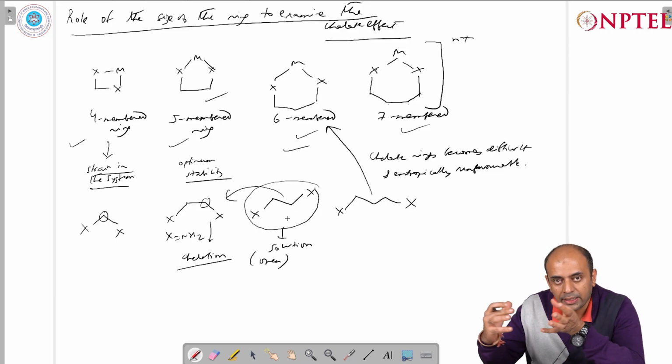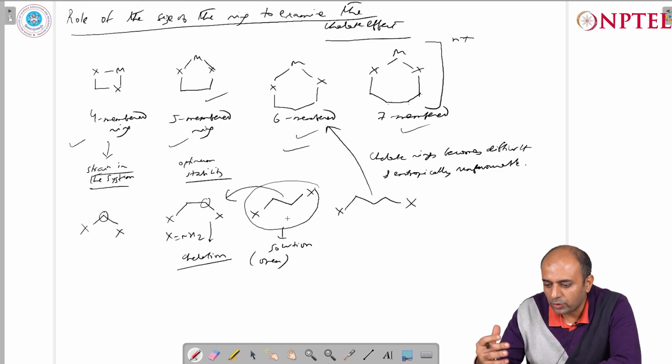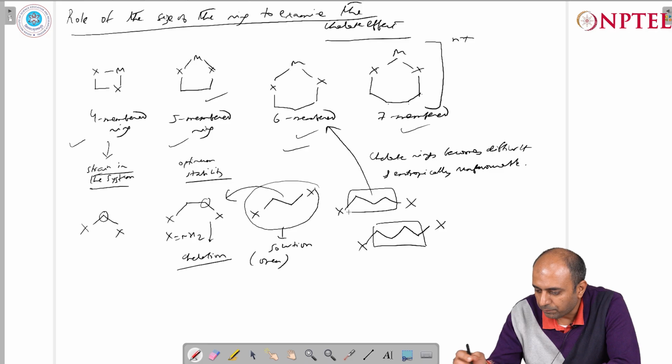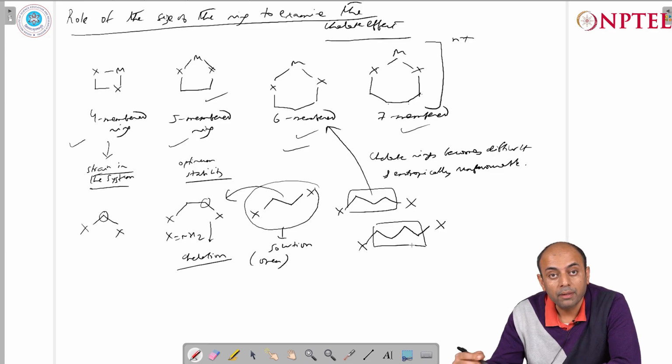So larger is the size of the ligand, that means when you are going to the 6-membered or the 7-membered rings, where the number of carbon atoms increases, here the number of carbon atoms is 4, here it is 3, then you will have to bring about a greater change in the conformation for it to bind effectively.